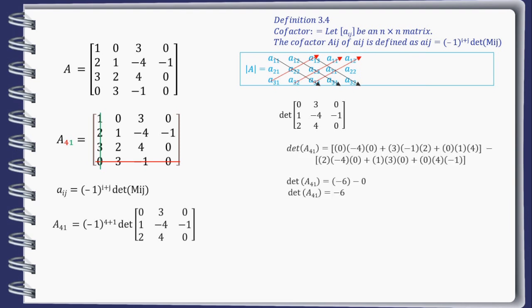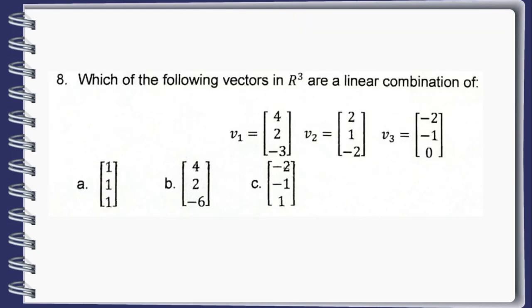Upon plugging in the values and computing, we have the determinant of our minor matrix, that is negative 6. Now we can continue solving the cofactor. So we have A sub 41 is equal to negative 1 raised to 5 times negative 6 is equal to 6. Therefore, the cofactor of A sub 41 is equal to 6, and its determinant is negative 6.